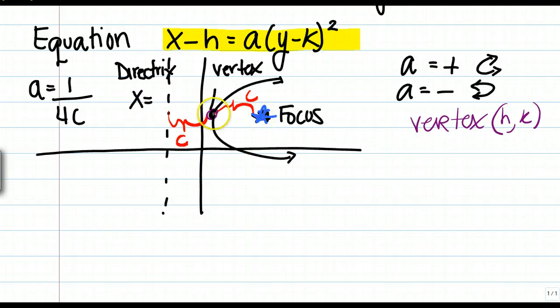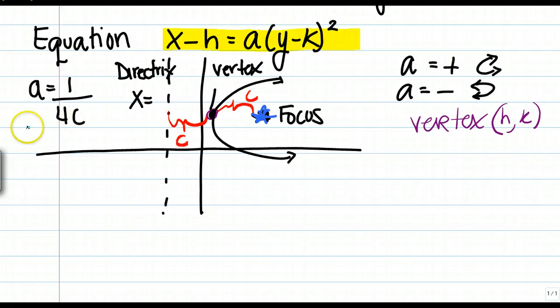It's from your vertex to your focus is a distance of C. That distance is the same from the focus to this line, which is the directrix. The directrix in this case is going to be x equals because it's cutting through the x-axis. And wherever it cuts through, it'll be x equals that particular number.